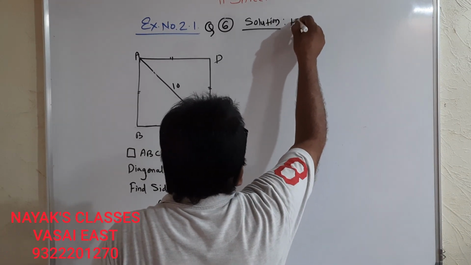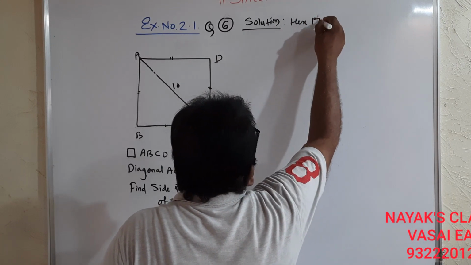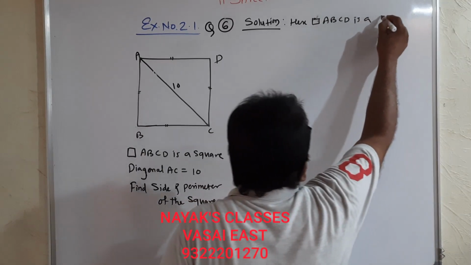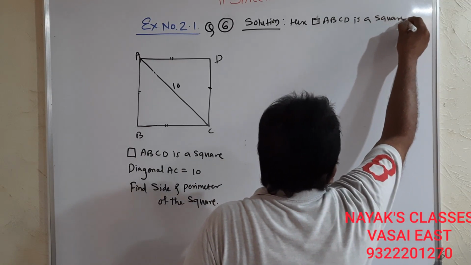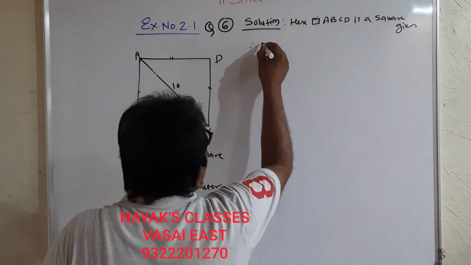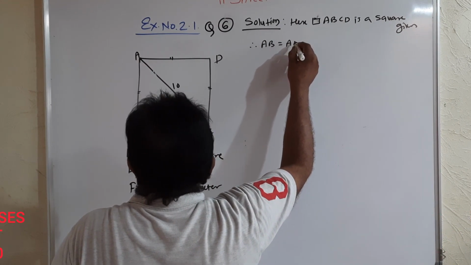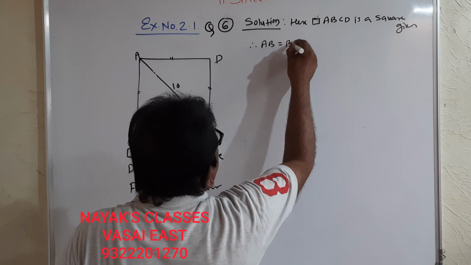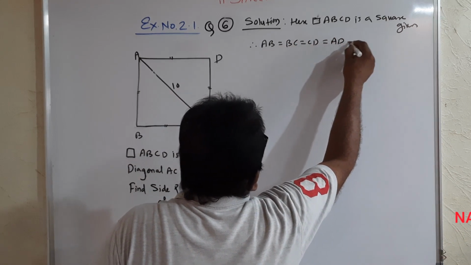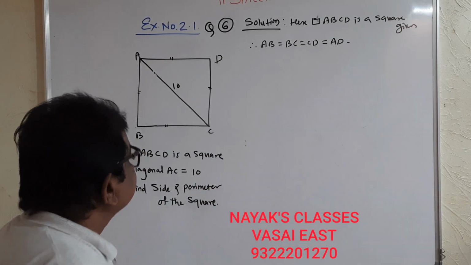Solution. Since quadrilateral ABCD is a square, given, therefore AB is equal to BC is equal to CD is equal to AD, the sides of a square.